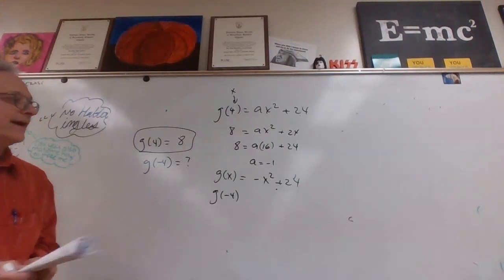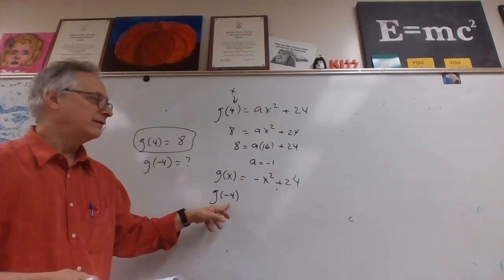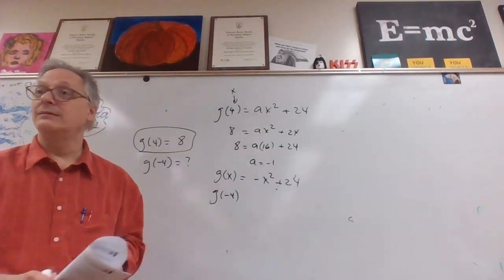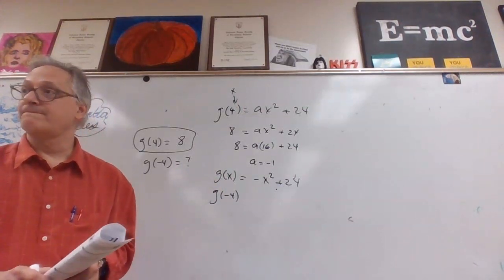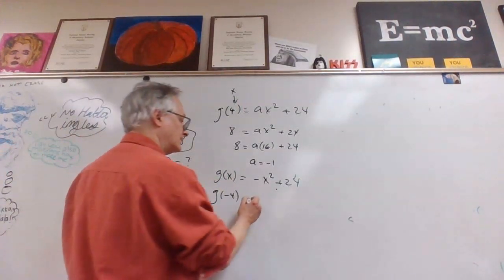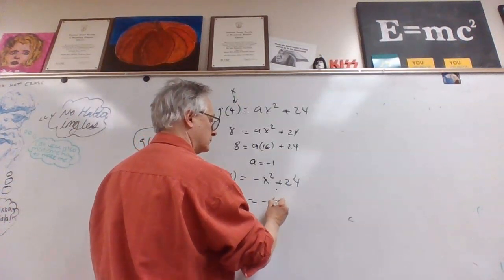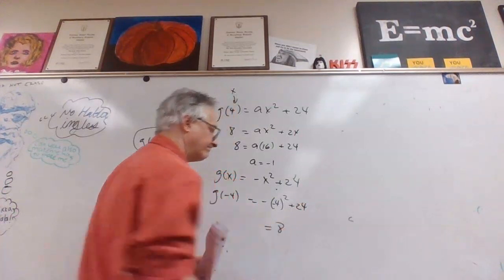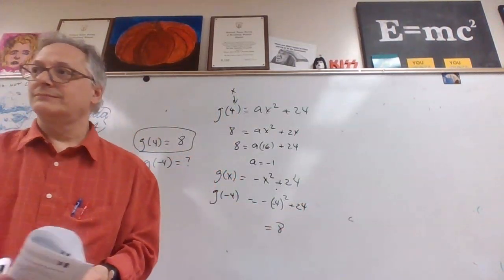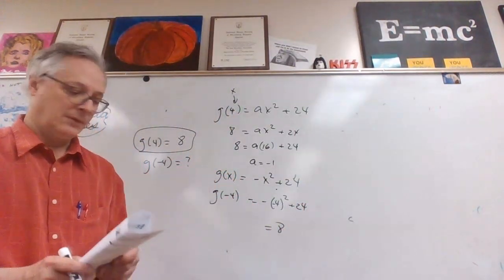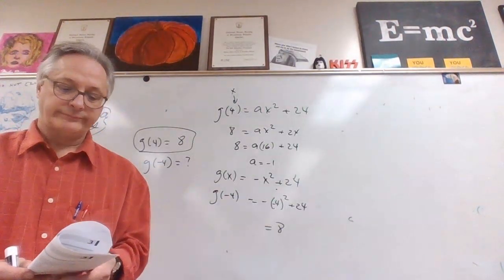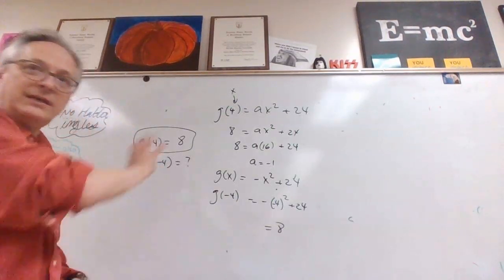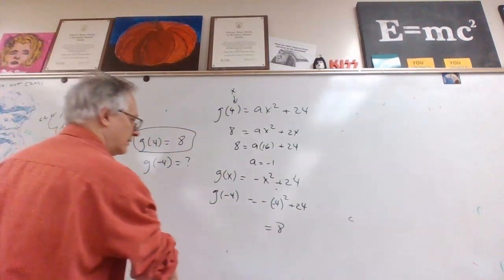And right away when you see that, you should be thinking, hey, negative 4 squared is the same as 4 squared. So my answer will be 8. Good.